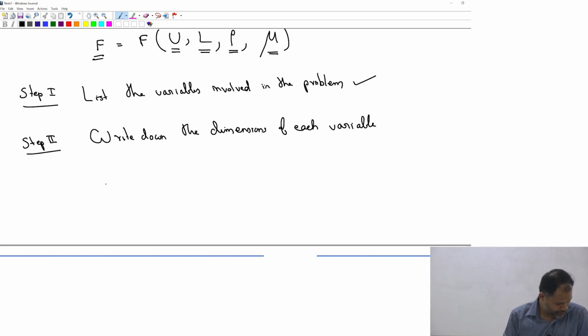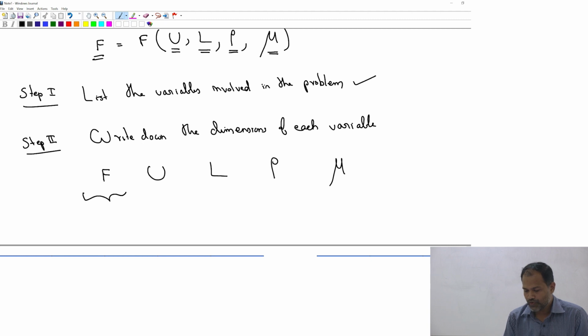So, we have force, we have velocity, we have a length, we have a density, we have a viscosity. Units of force in terms of MLT, mass, length and time, right? Mass into acceleration. Velocity, length per time. Length is just length. Density is mass per unit volume.